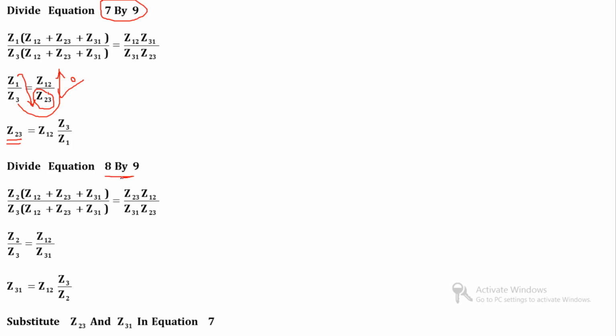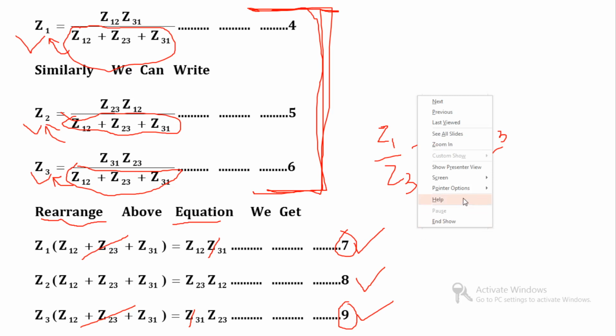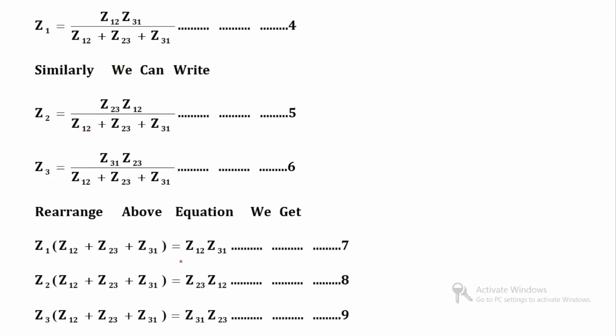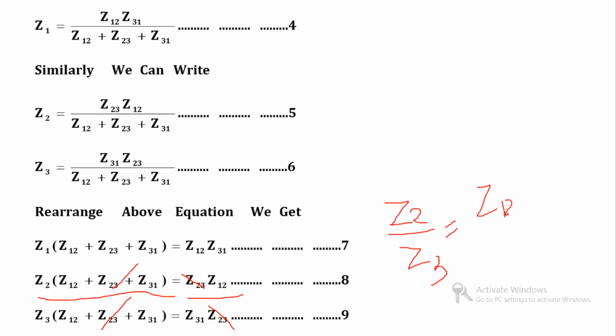Similarly, you have to divide equation 8 by equation 9. If you divide equation 8 by equation 9, then what will happen? Again, the sum term will be cancelled out, and this time Z23 will be cancelled out. So if you divide 8 by 9, then your answer will be Z2 by Z3 is equal to Z12 by Z31.